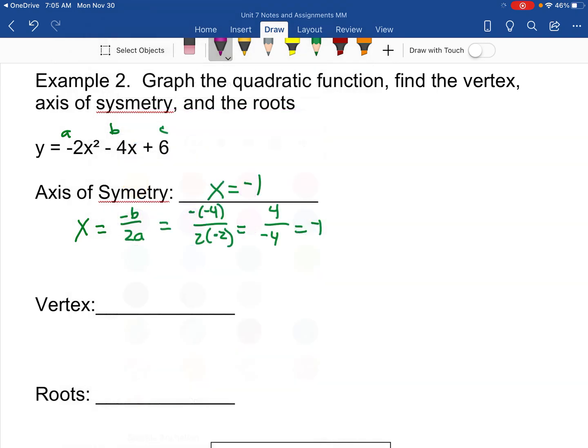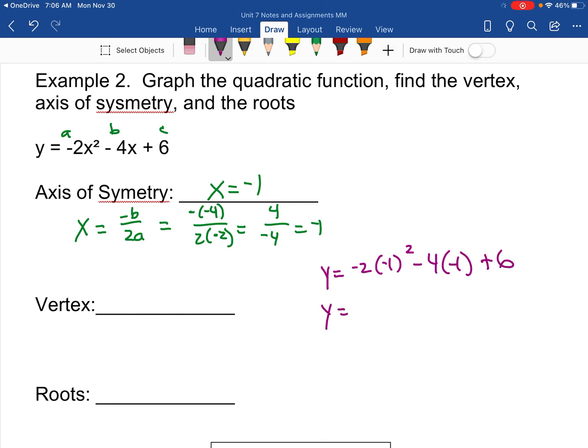Okay, use that to find the vertex. So I want to know what the value of y is when x is negative 1. So in my equation, I'm going to plug in negative 1 everywhere there's an x. So negative 1 squared minus 4 times negative 1 plus 6.